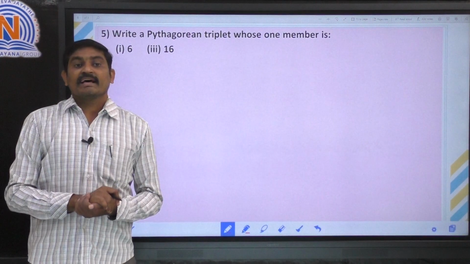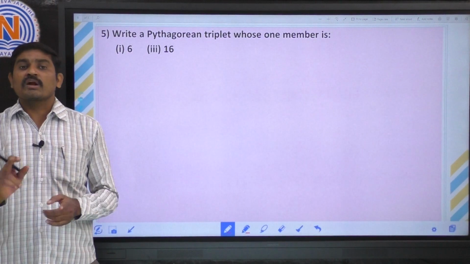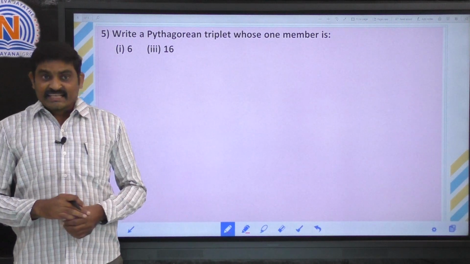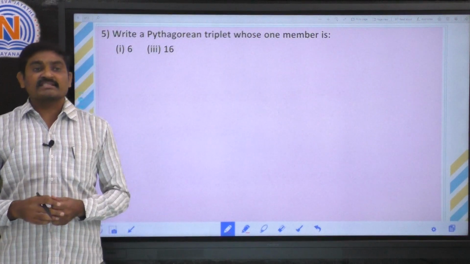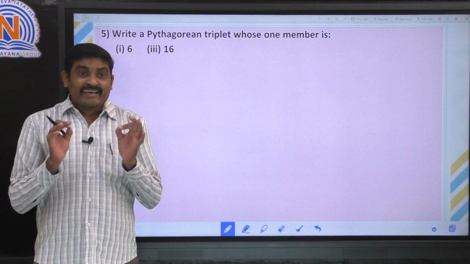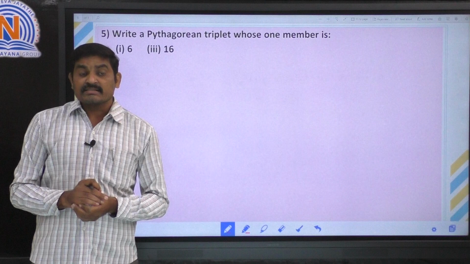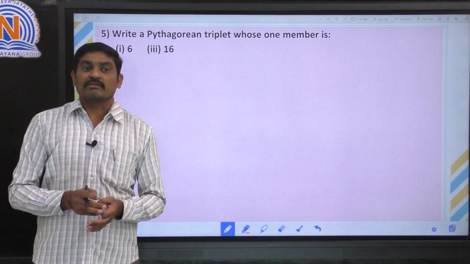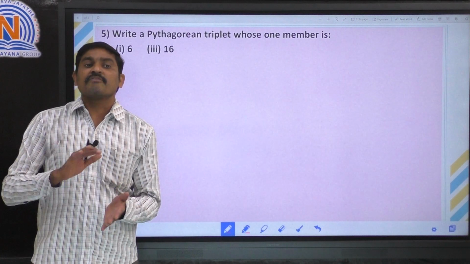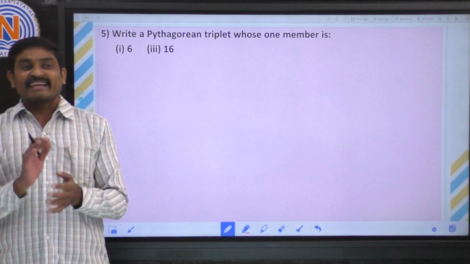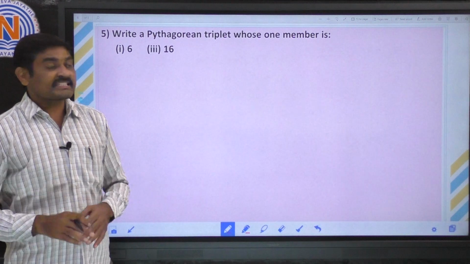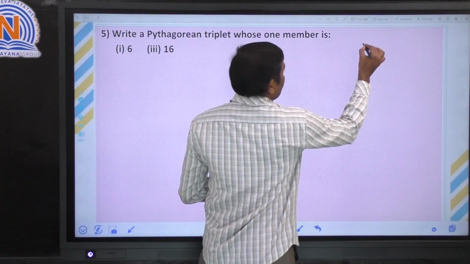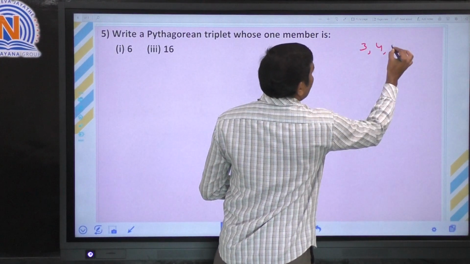Now see that. Write a Pythagorean triplet whose one of the members is 6 and the second one is 16. Now you know what a Pythagorean triplet is. Among three positive numbers, if the square of one number is equal to the sum of the squares of the remaining two numbers, then the three numbers are called a Pythagorean triplet. For example, let us take the three numbers 3, 4, 5.